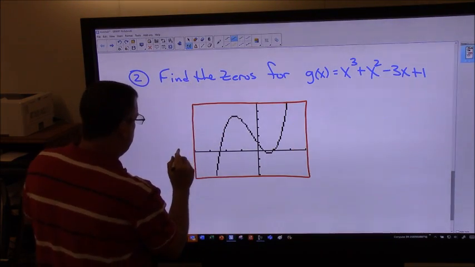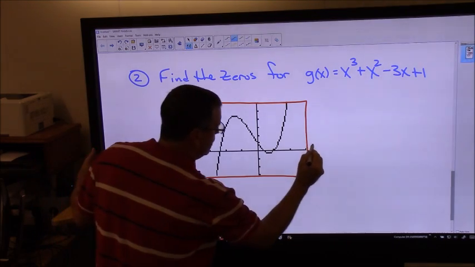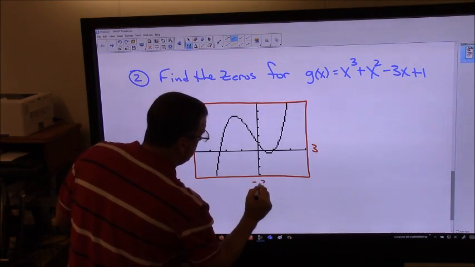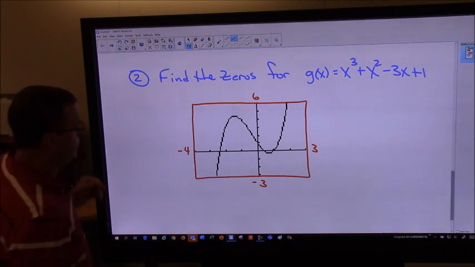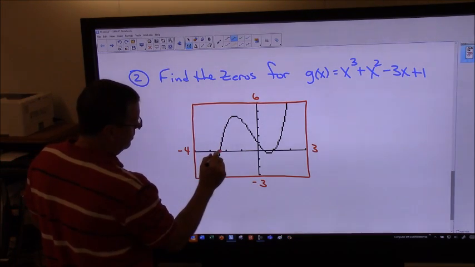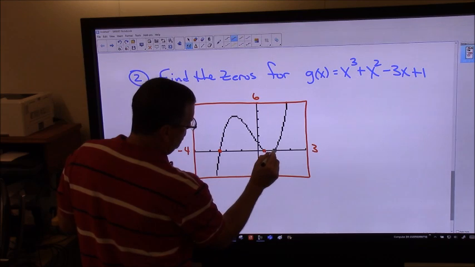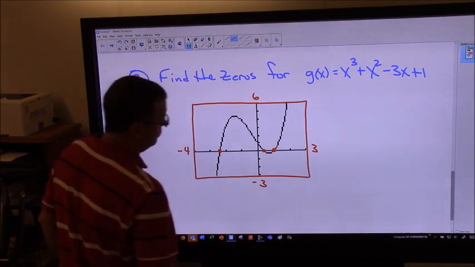I went from -4 to 3 here, and from -3 to 6 here. And what I'm looking for is these 3 zeros.